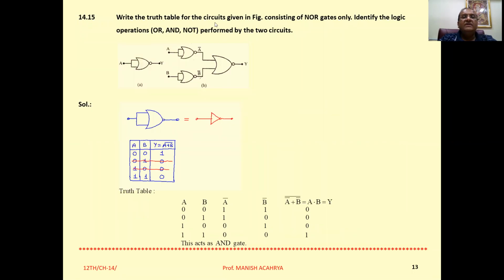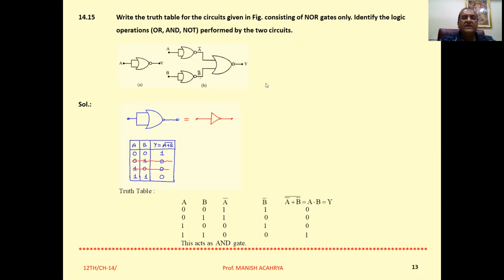14.15. Write the truth table for the circuits given in the figure consisting of NOR gates only. Identify the logic operation OR or NOT performed by the two circuits. Here in circuit A, a short circuited NOR gate is given to you, and then this is the second circuit.